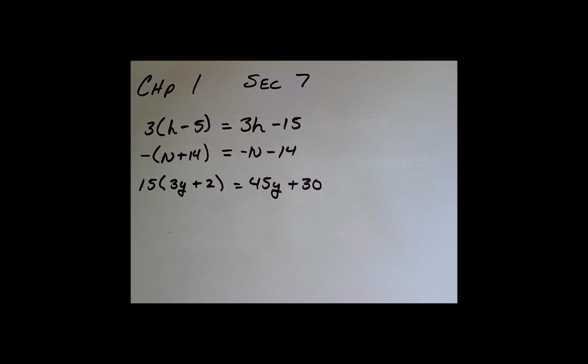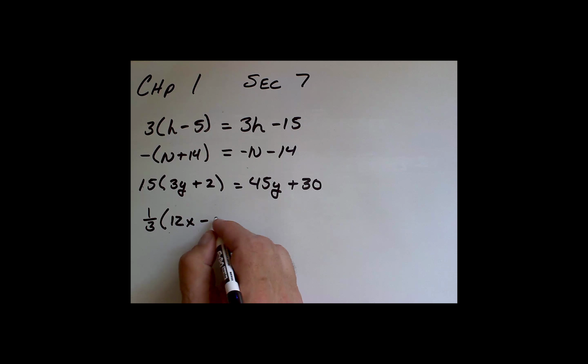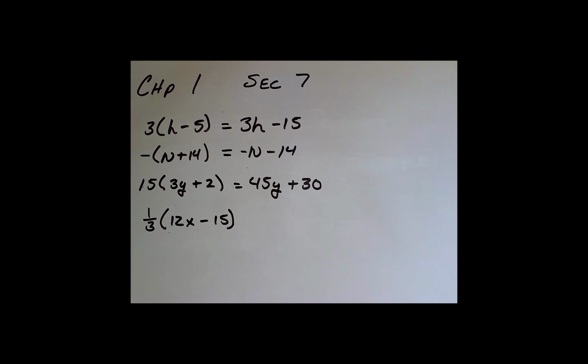Let's take one more. And again, let's get a little more difficult. Let's go 1/3 times 12x minus 15. Remember back in the grades when they had you multiply a number times a fraction? That's what we're getting back to.